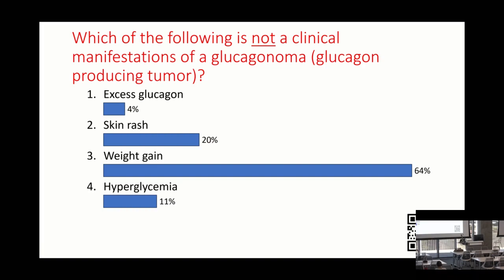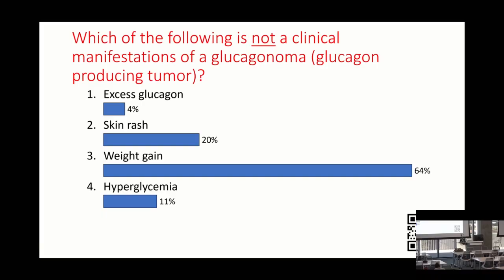Okay, most of you got it correctly. Glucagonoma means excess glucagon, so that is obviously not the correct answer. Skin rash is one of the manifestations of glucagon excess, a typical skin rash. And obviously it can cause hyperglycemia. That's why we use it to treat hypoglycemia. So by exclusion, even if you didn't know, you figure it's weight gain.